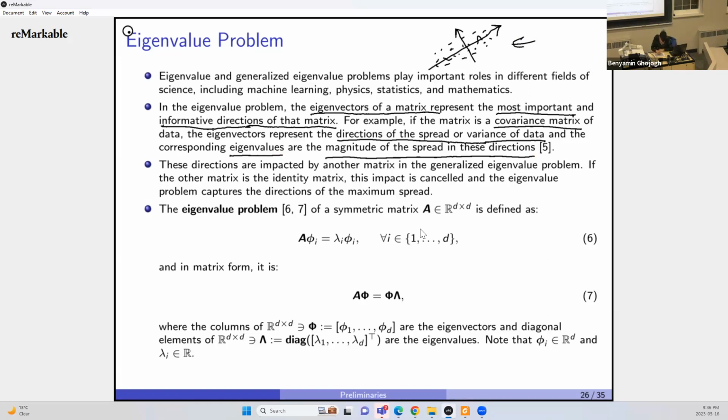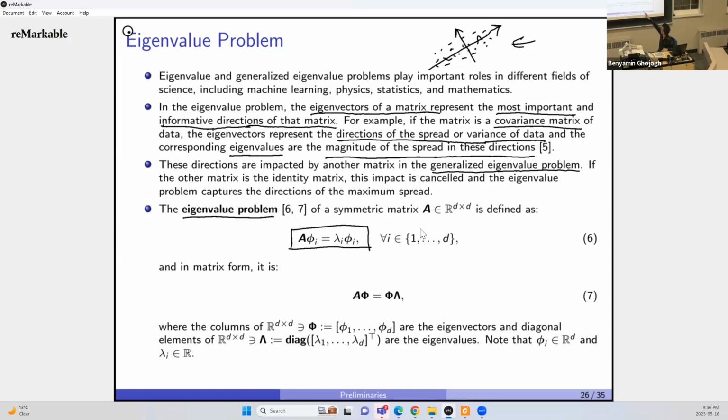These directions can be impacted by another matrix in the generalized eigenvalue problem. We'll see that. If the other matrix is the identity matrix, then it becomes an eigenvalue problem. The eigenvalue problem is defined like this.